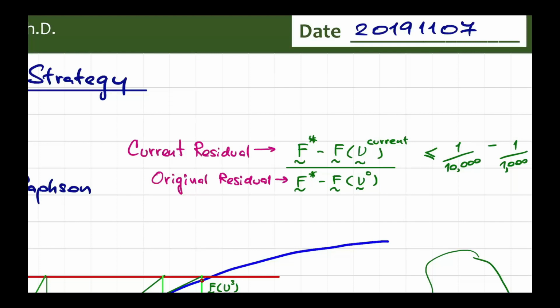And if you get these two conditions satisfied, then you let it go. You accept the convergence. If you satisfy the overall structure, but locally it's not converged yet, then you keep iterating until you get all criteria satisfied.